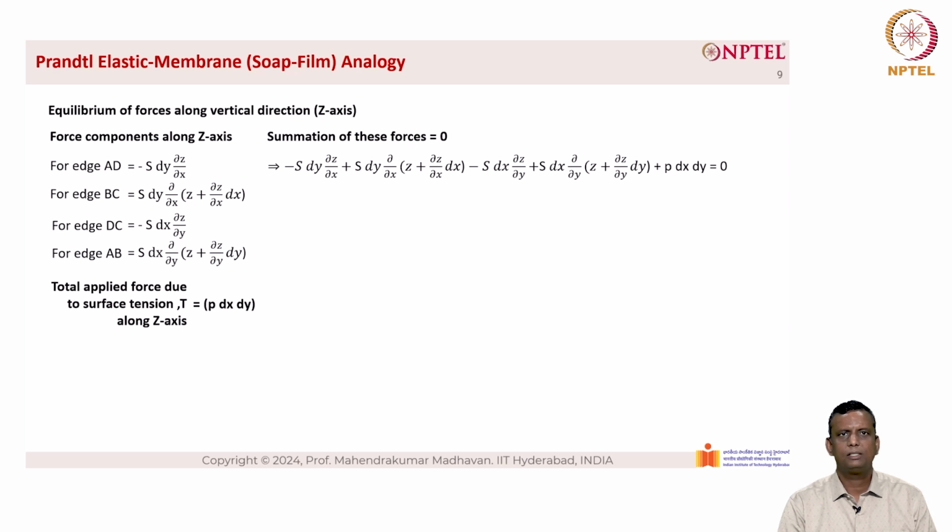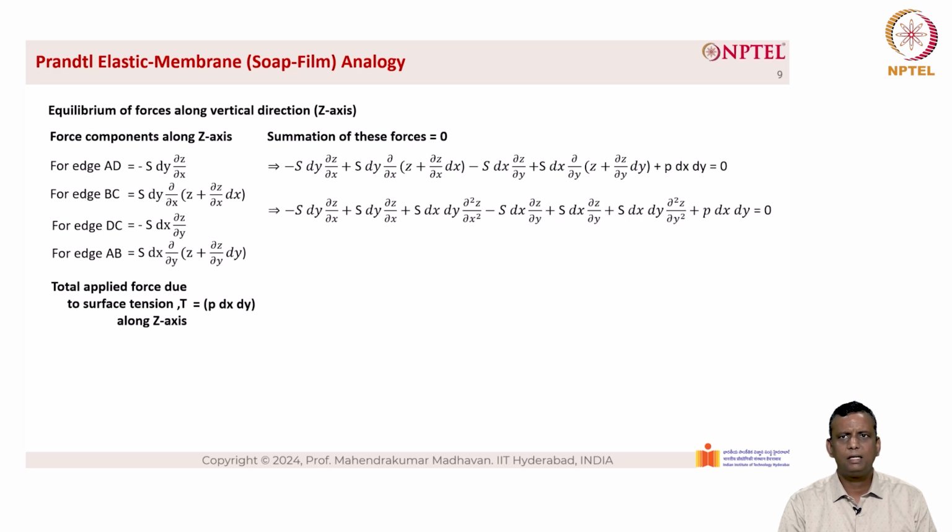So minus S into dy into ∂z/∂x plus S into dy into ∂/∂x of z plus ∂z/∂x into dx minus S into dx into ∂z/∂y plus S into dx into ∂/∂y of z plus ∂z/∂y into dy plus P into dx into dy, which is the internal applied force, equals 0.